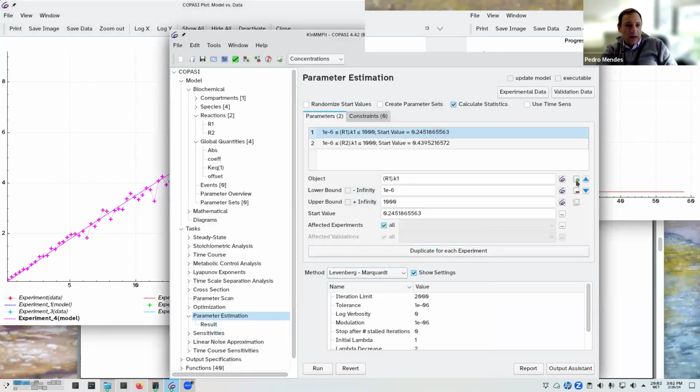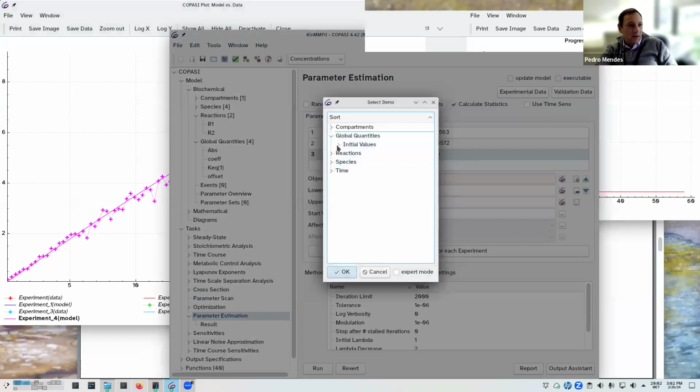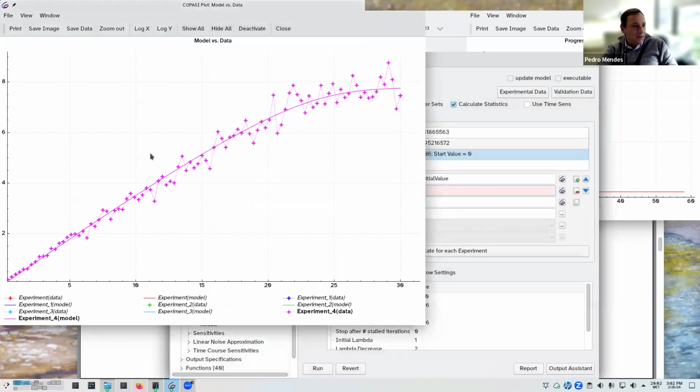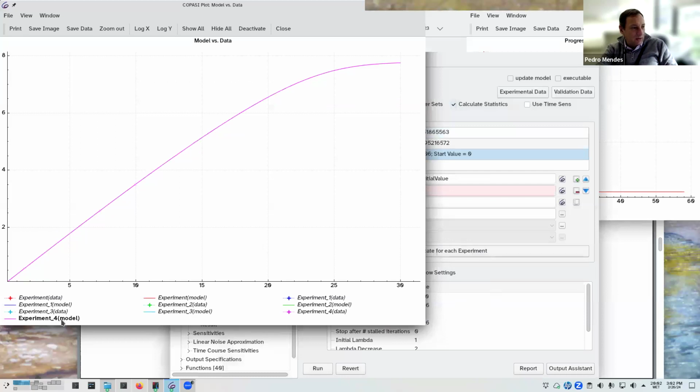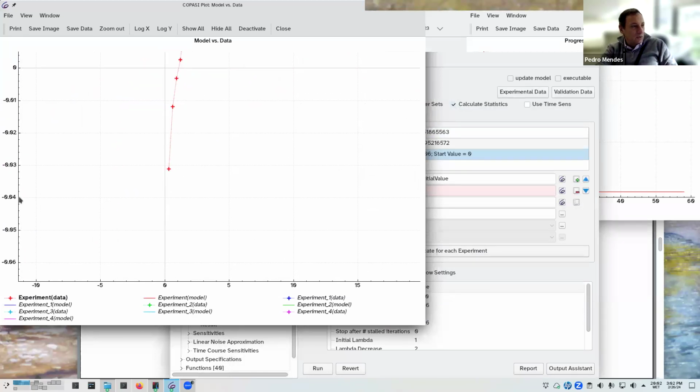One of them is to add another parameter, which is the offset. But we don't want it that large. So the offset is going to be a small value. We can look at the data and try to visualize what it would be. You see this one is down to maybe minus 0.06.